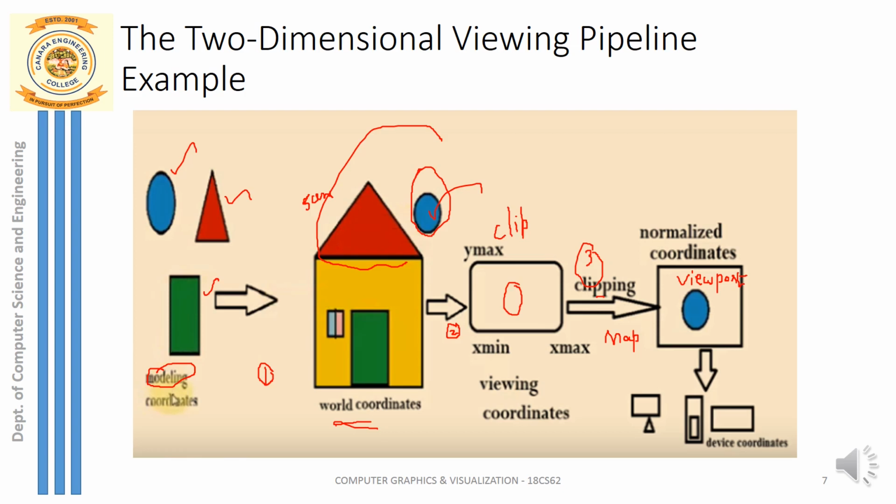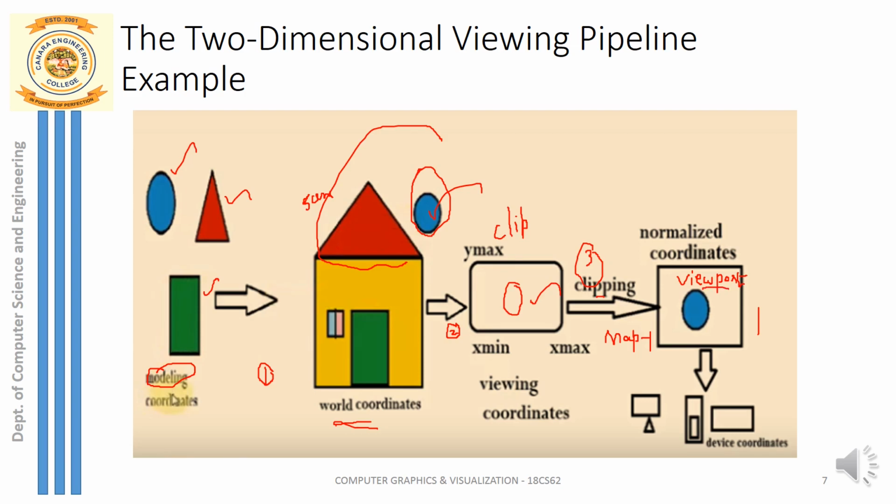Now you choose something called normalized coordinates. What are normalized coordinates? Usually you set the boundary as -1 and 1. The minimum limit, or the lower limit, of my window here is nothing but -1. Whatever may be the coordinates of this clipping window, you are converting those coordinates of the clipping window to the viewport coordinates.